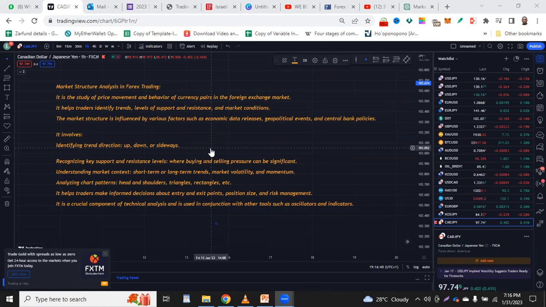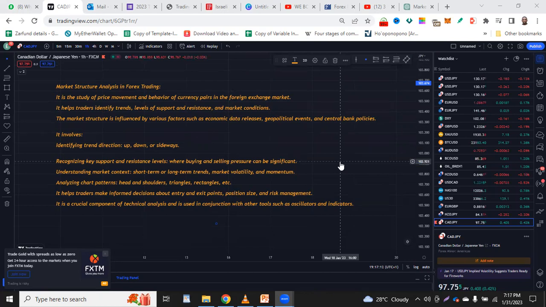The person may be making little profit or they may be losing money. But why did you wait? You waited because the market structure analysis showed you that you are in a sideways trend, and therefore you should probably wait, right?